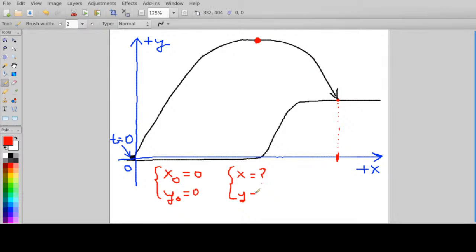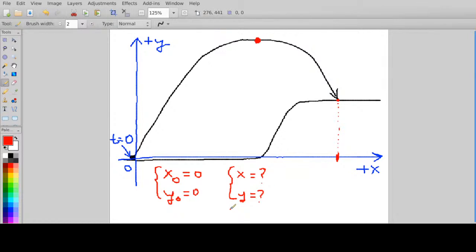And you don't know your y either, because that's what you're trying to calculate. When you say height in these equations, that's basically y. So for the final position, you don't know the x, how far it's traveled horizontally, or the y, how high it's traveled.